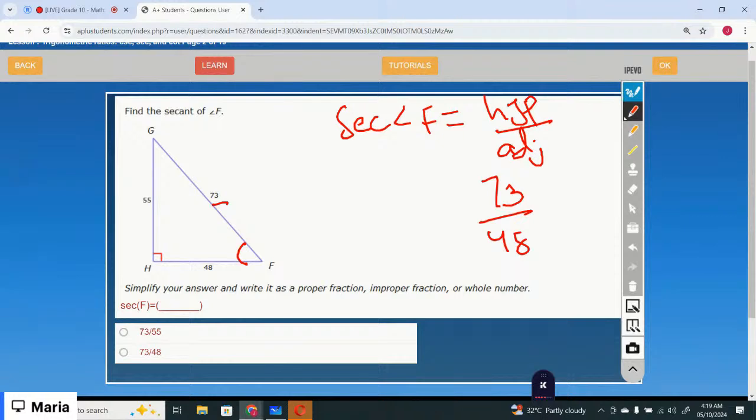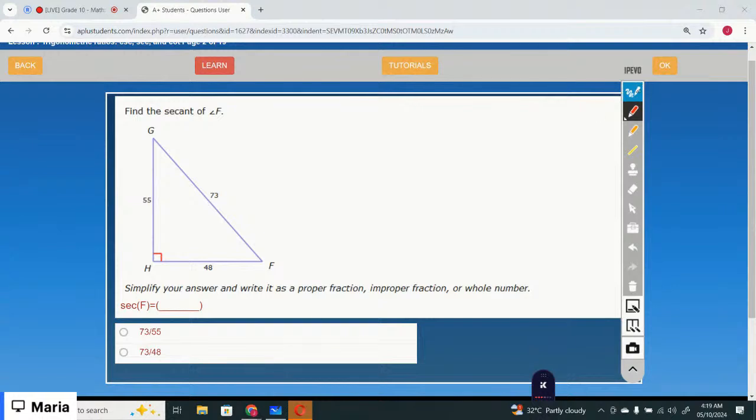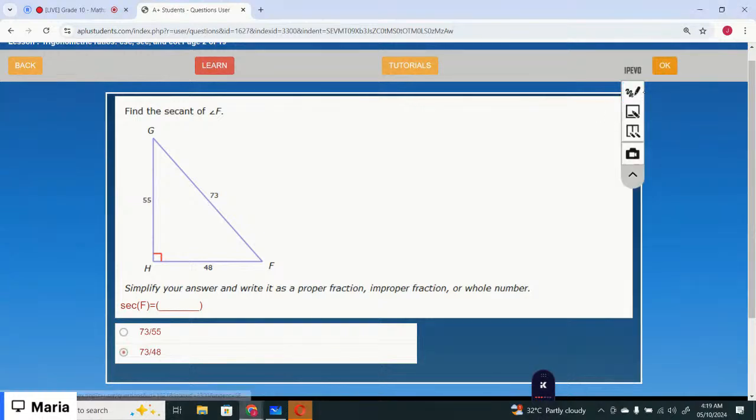So that is option number 2, that is 73 over 48. Option number 2 is the correct option.